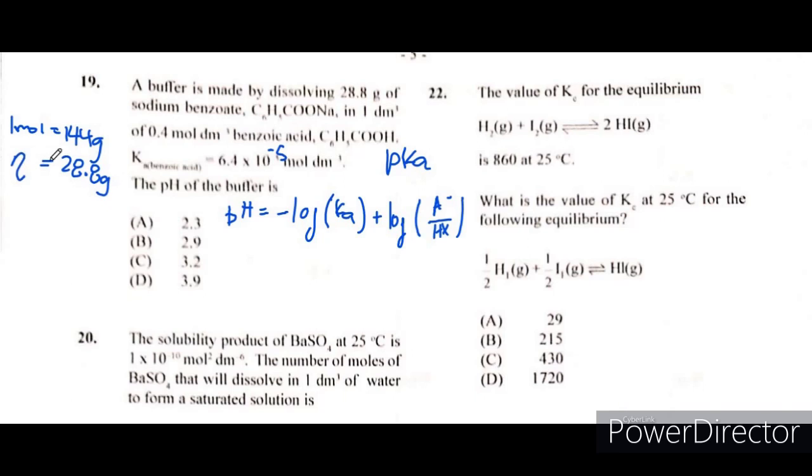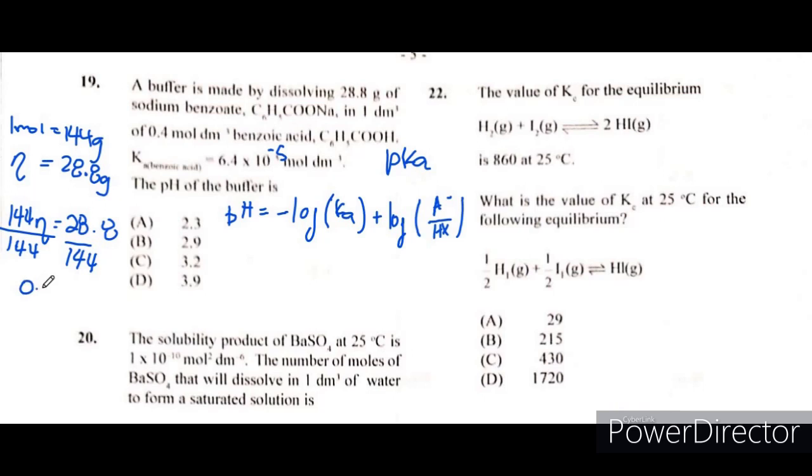Cross multiplying, we have 144n equals 28.8. To find n, we divide by 144 on both sides. So it's 28.8 over 144, and that is 1/5 or 0.2. So we have 0.2 moles.